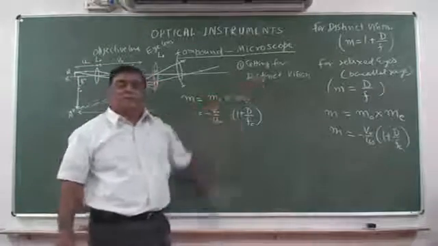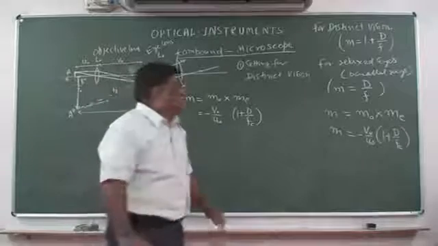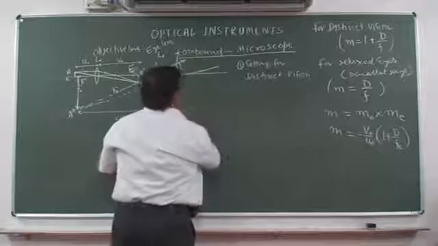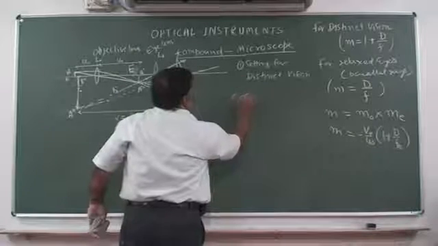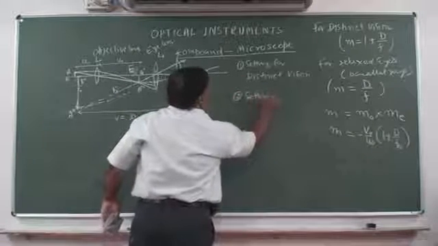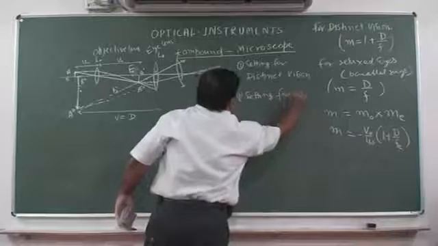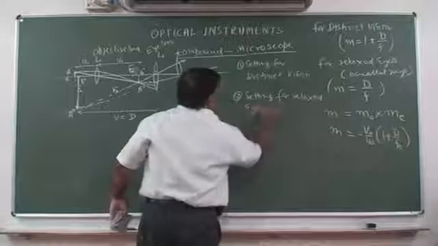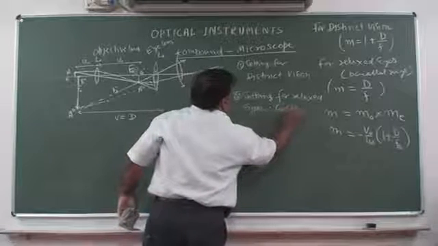This is okay. So this is magnification of this. Setting is distinct vision. There is another setting of microscope. The other setting is setting for relaxed eyes. That is setting for parallel rays.